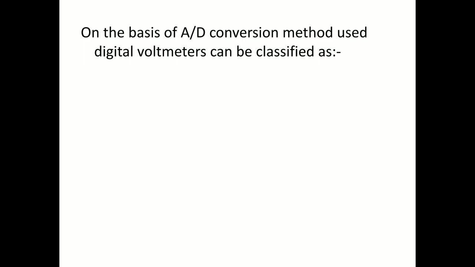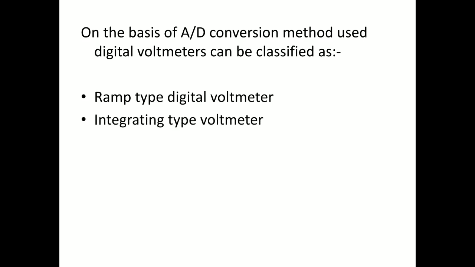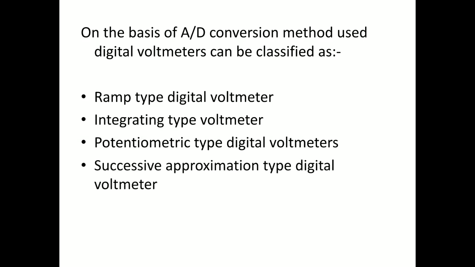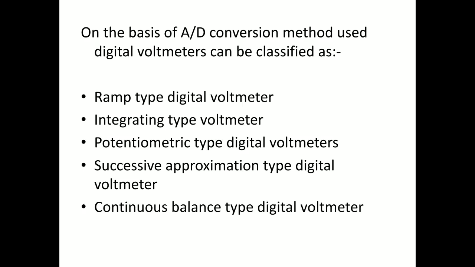So depending upon the type of analog to digital converter, the voltmeters are also classified as ramp type digital voltmeter, integrating type digital voltmeter, potentiometric type digital voltmeter, successive approximation type digital voltmeter, and the last one is the continuous balance type digital voltmeter. Thank you.